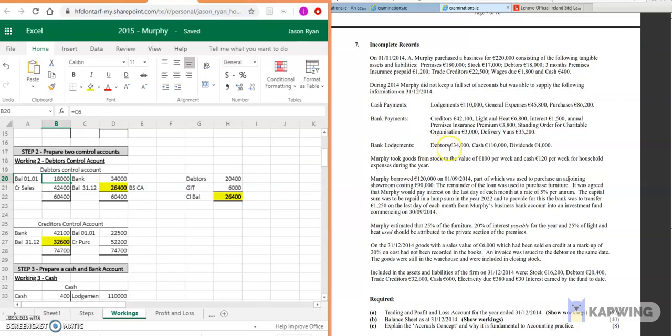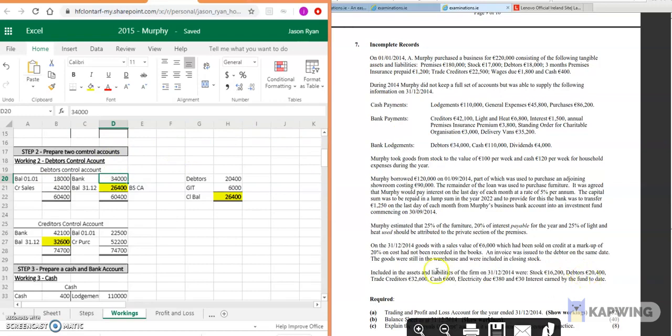So the double entry will be your bank and your debtors. We're receiving that money, so that's going to increase our bank, so you're going to debit your bank. You're going to decrease your asset, which is our debtors, so we're going to put it on the credit side. So it's 34,000.